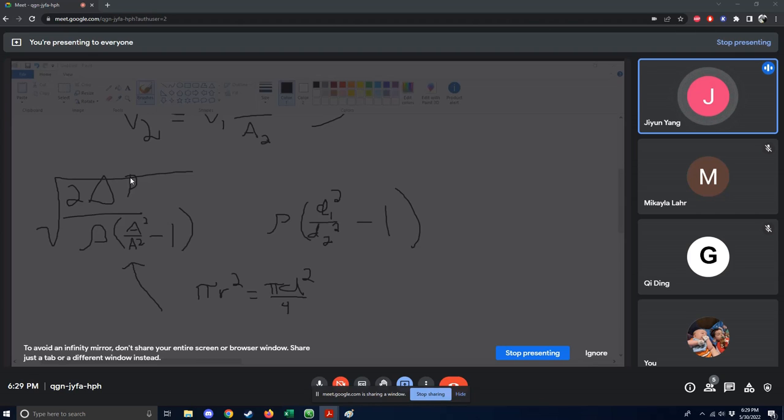Okay, wait. So we have to use the pressure difference, which they had given as like 18 millimeters. Do we have to switch that to Pascal? Yeah, you need to convert to pascals.